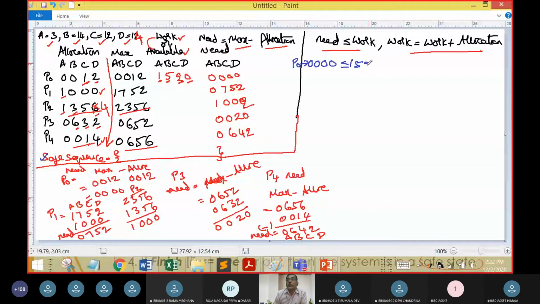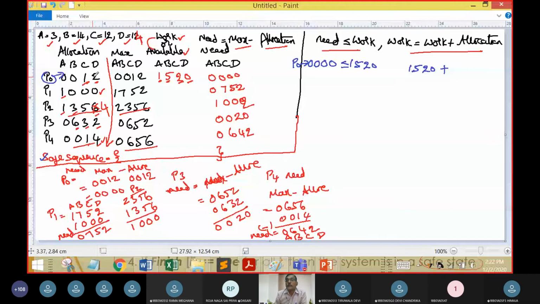So what I'm going to do is work equals work plus allocation. Work initially was 1 5 2 0, and what is P0's allocation? P0's allocation was 0 0 1 2. These are A instances, B instances, C instances and D instances.